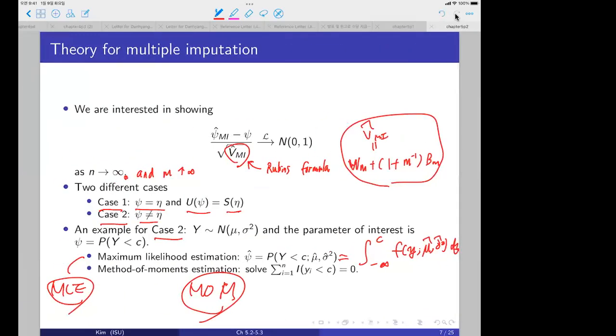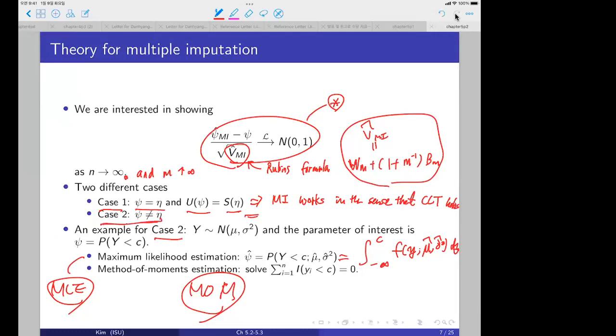The bottom line of the theory for chapter 5 is that in case one, MI works. That means this property holds, in the sense that the CLT holds. Case 2 does not work.